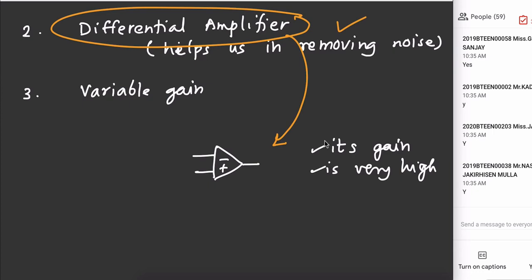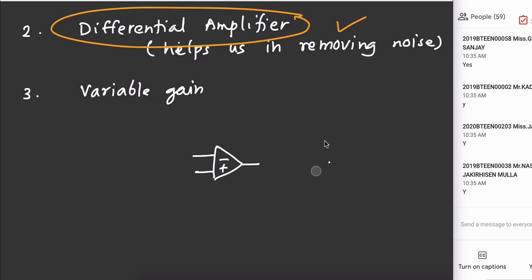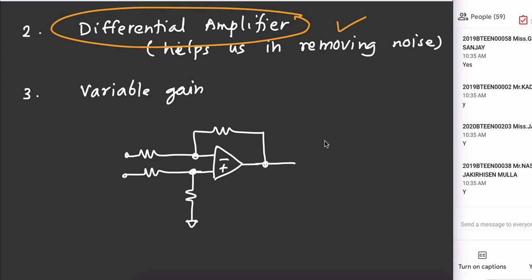So we need a differential amplifier whose gain is relatively less. Now this is possible by adding few resistors which we have studied earlier. It means we need to use a subtractor. Okay, it means required gain you can have.